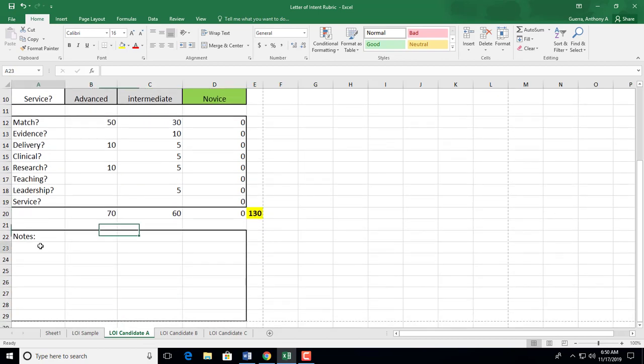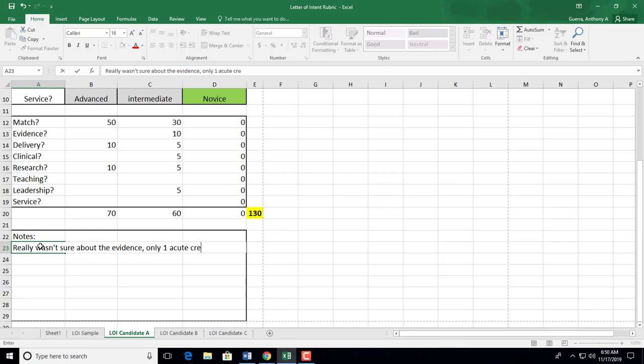And what it also allows me to do is give notes. So I can say, okay, well, really wasn't sure about the evidence, only one acute care APPE. And then I'd go back and like, okay, well, teaching, did not see any teaching experience, wants to do cert.